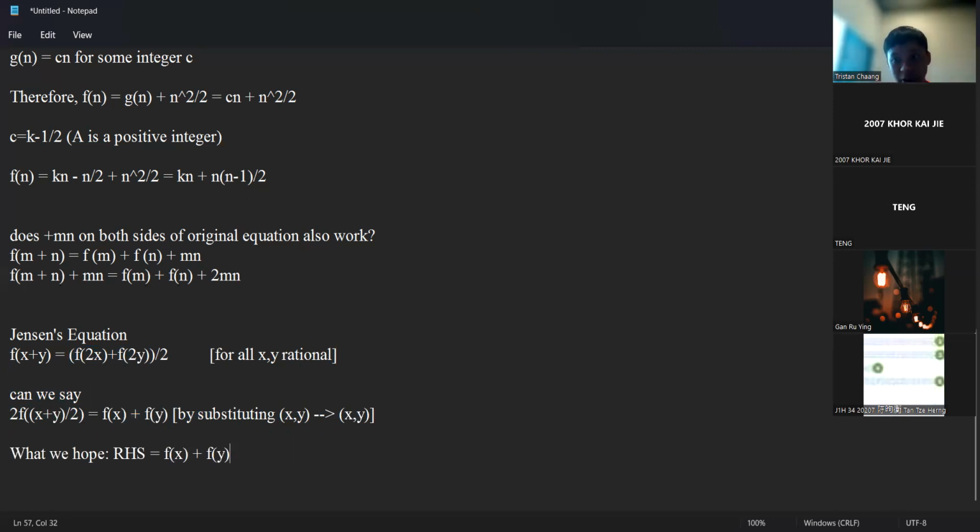We want to transform it to a Cauchy equation. What we hope is this. And what's one of the conditions for this to hold? And hence what we further hope is simply f of 2x is 2 fx, right? What we hope is this.